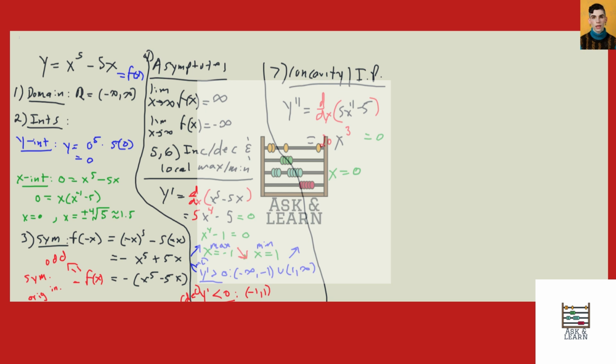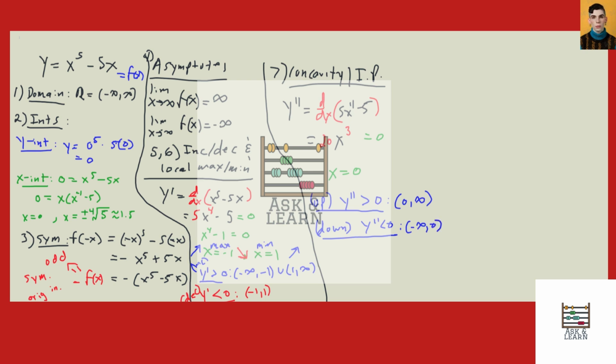Now we can go ahead and do the same thing and look for where y double prime is larger than 0, which would tell us our function is concave up there. And then look for where y double prime is less than 0, which would be concave down. So y double prime larger than 0. Well, 20x cubed is going to be larger than 0 on 0 to infinity, and then it will be strictly less than 0 on negative infinity to 0.